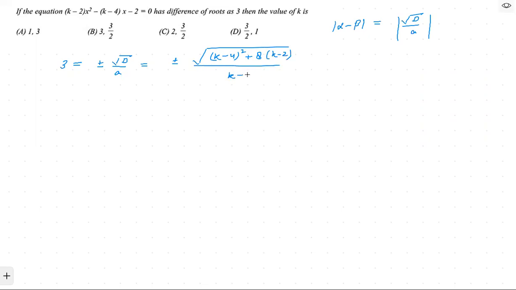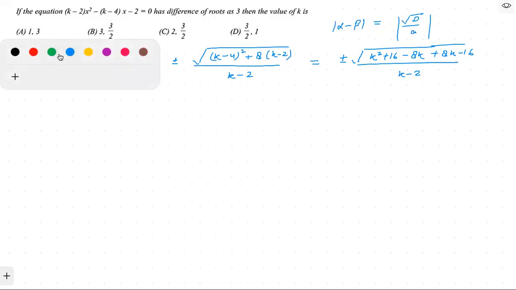So finally, we can simplify this, and this will turn out to be k square plus 16 minus 8k, then plus 8k minus 16, divided by k minus 2. Oh yes, this will get cancelled out.